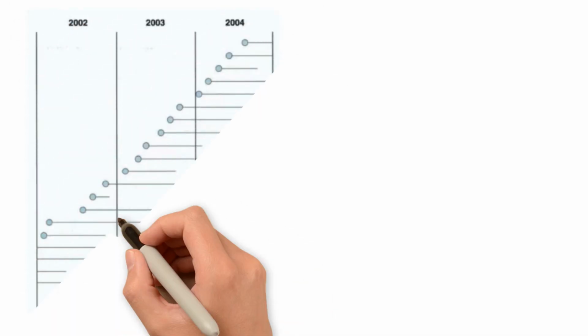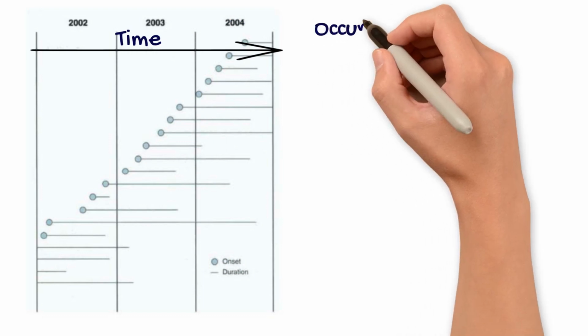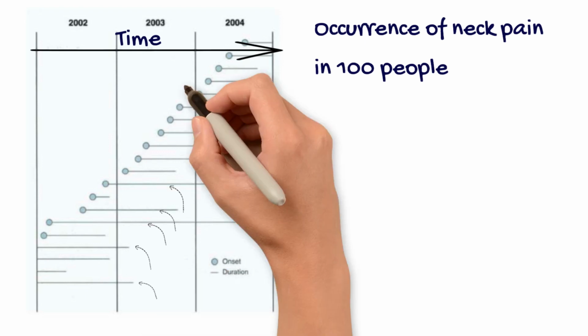Let's move to the year of 2003. 4 of the 9 cases in 2002 recovered in the year of 2002. Therefore, there were 5 existing neck pain cases moving into 2003. In 2003, there were 6 new episodes of neck pain.